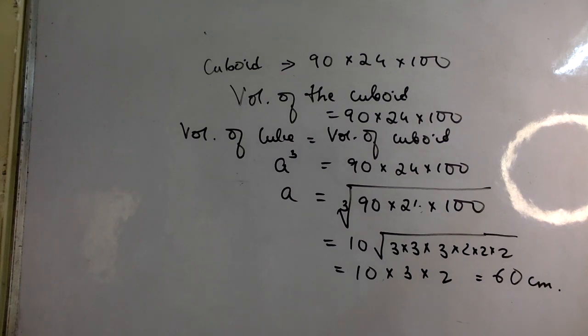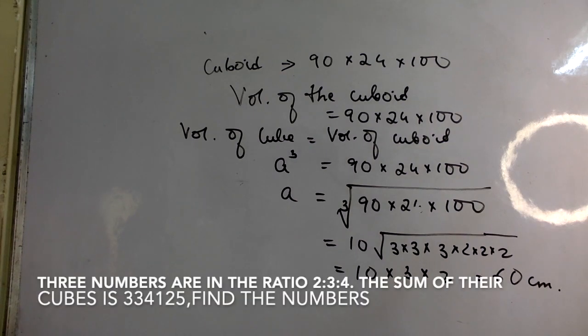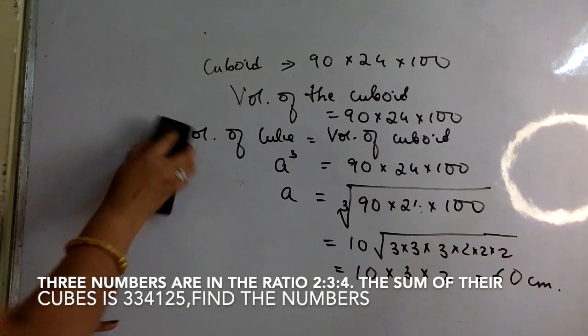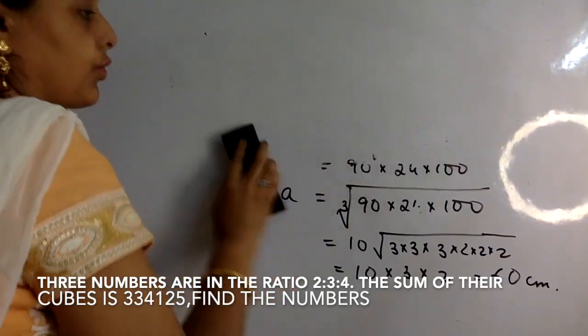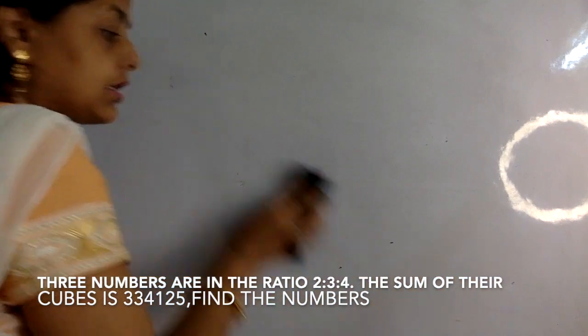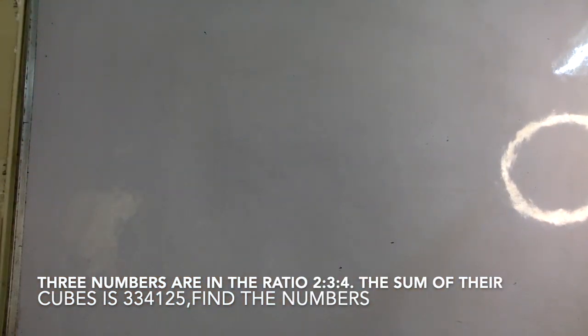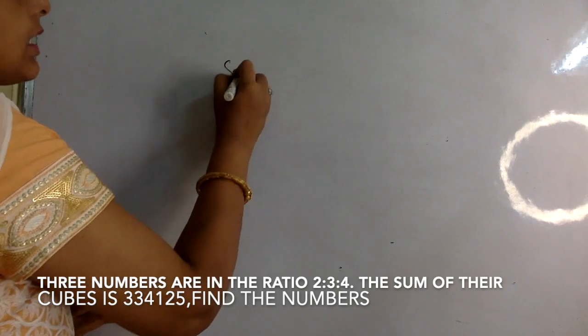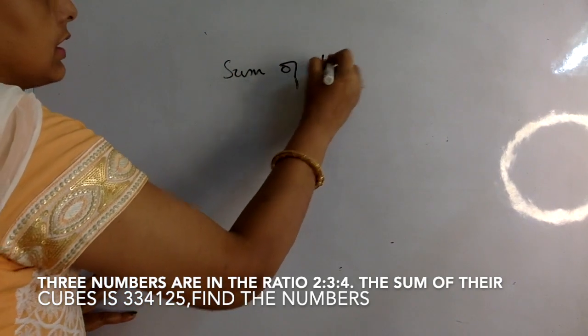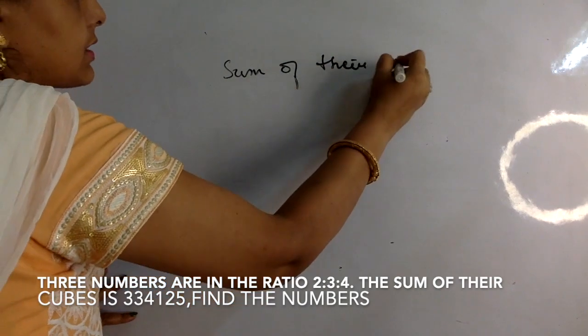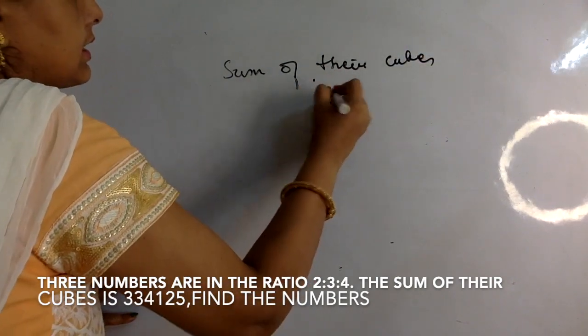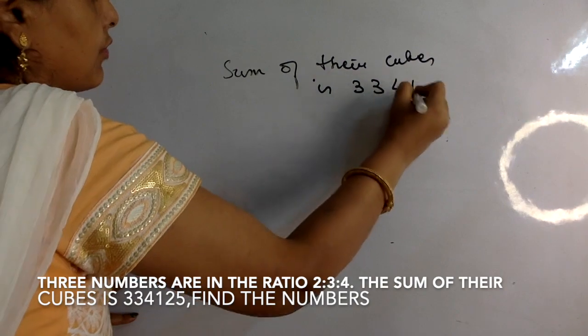Now let's take up another question. As you can see on the board, 3 numbers are in the ratio 2:3:4. The sum of their cubes is 334125.